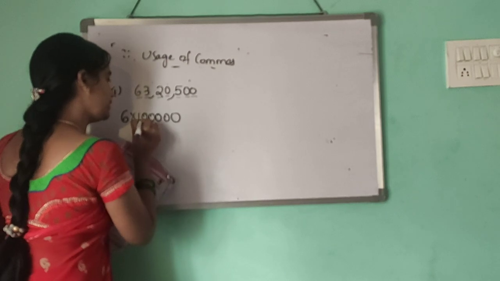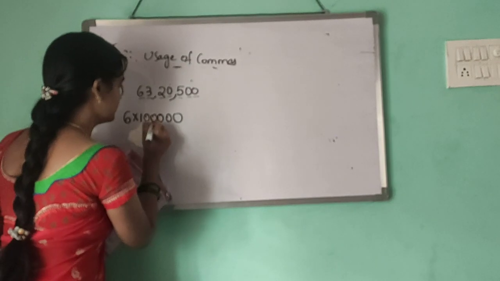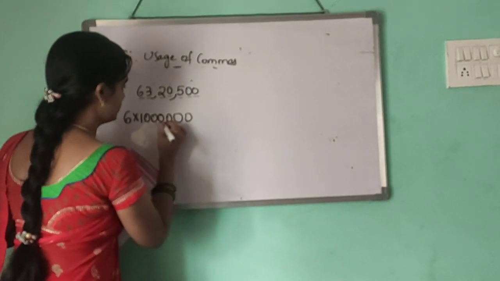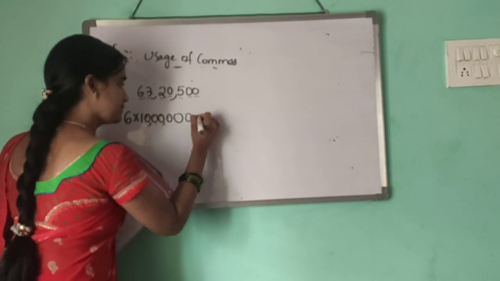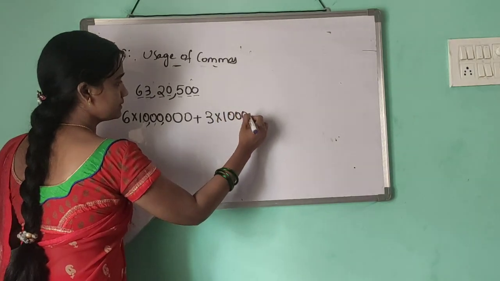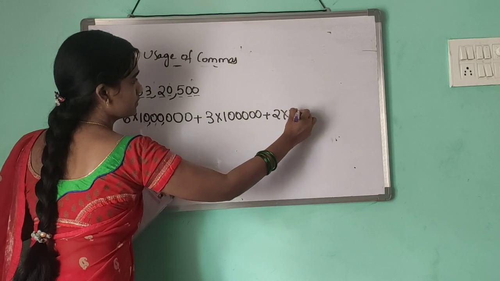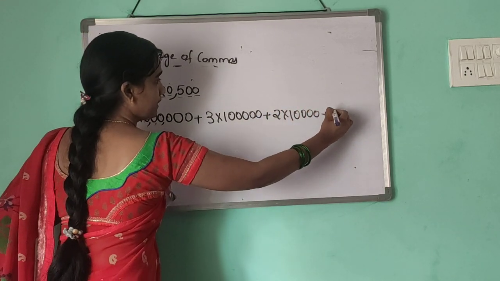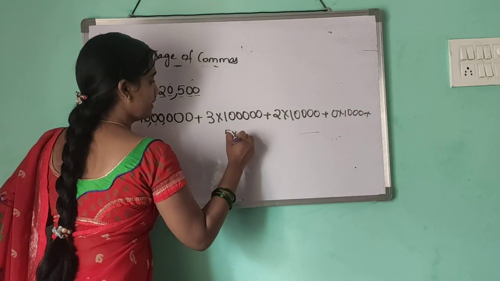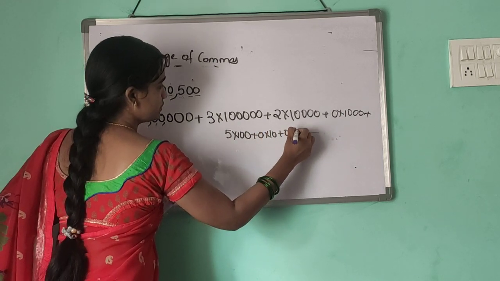How many zeros are there in 10 lakhs? Ten lakhs. 3 into 1 lakh plus 2 into 10,000 plus 0 into 1000 plus 5 into 100 plus 0 into 10 plus 0 into 1.